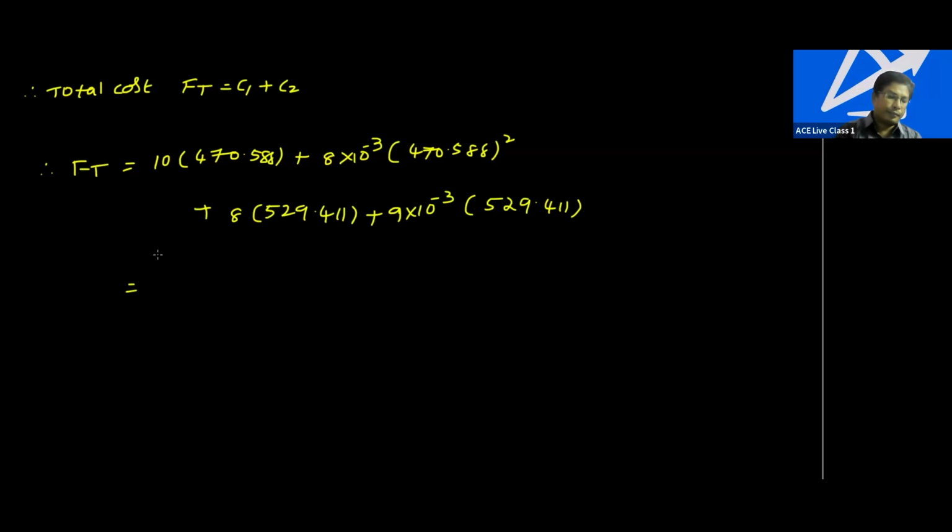Substitute these values, friends. It is 10 into 470.588 plus 8 × 10^-3 into 470.588 square, plus 8 into 529.411 plus 9 × 10^-3 into 529.411 square.